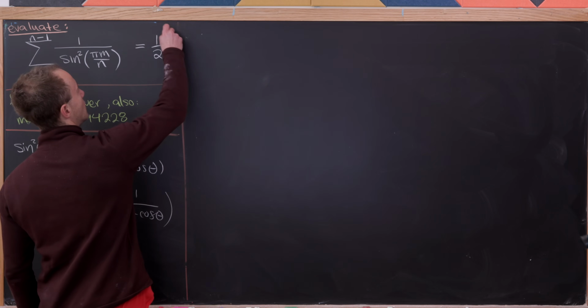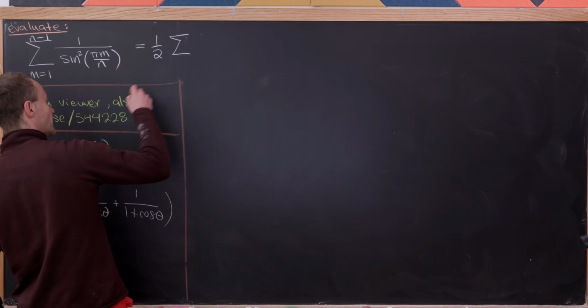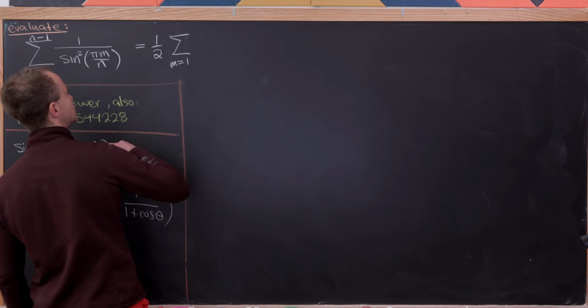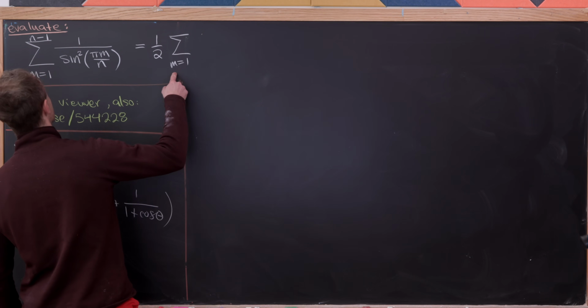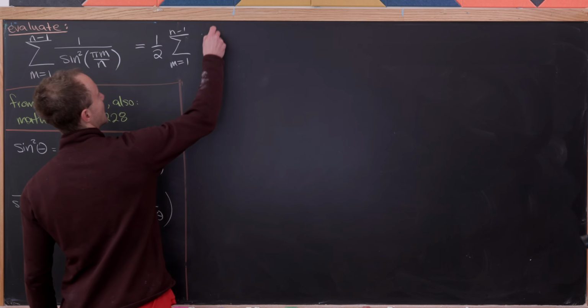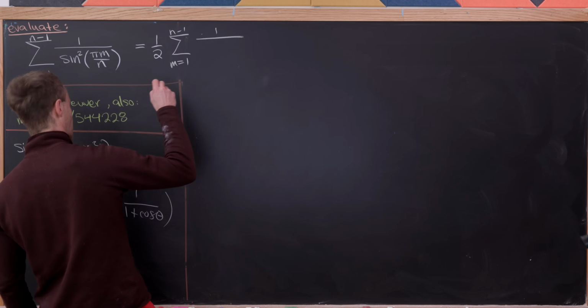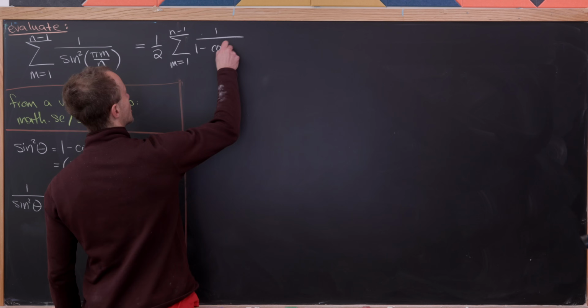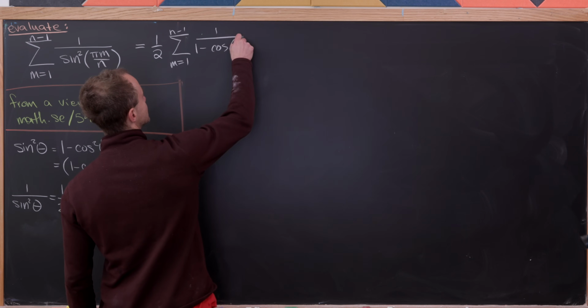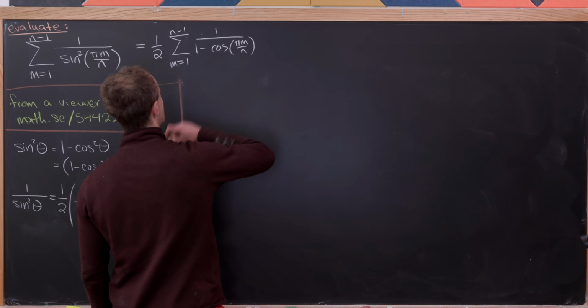So our goal sum will be equivalent to the following two sums. We've got 1/2 times the sum as m goes from 1 to n minus 1 of 1 over 1 minus cosine of pi m over n.